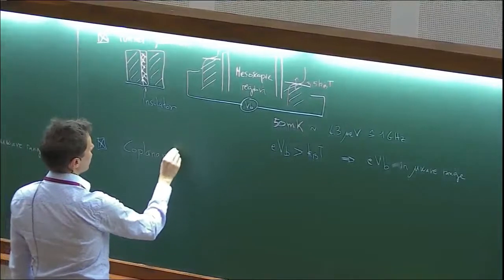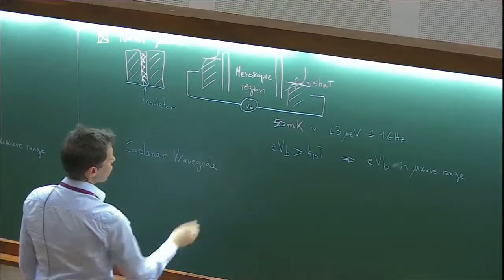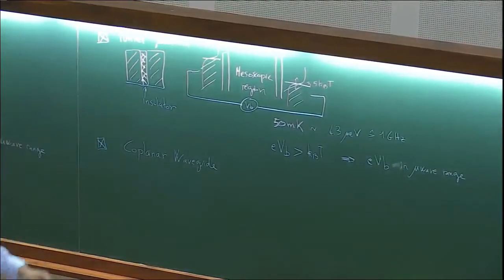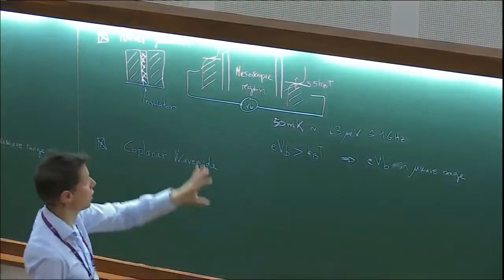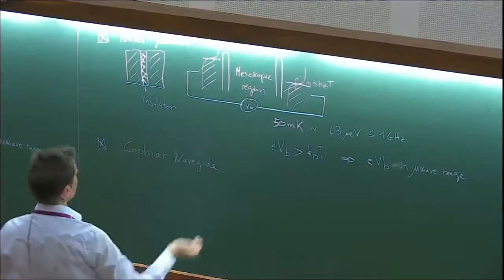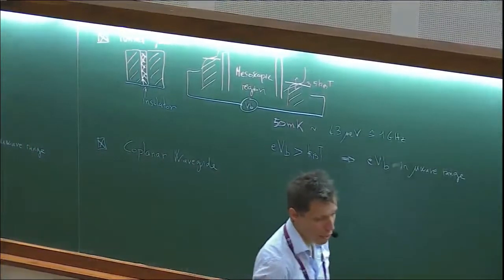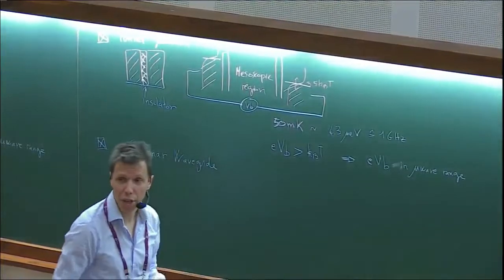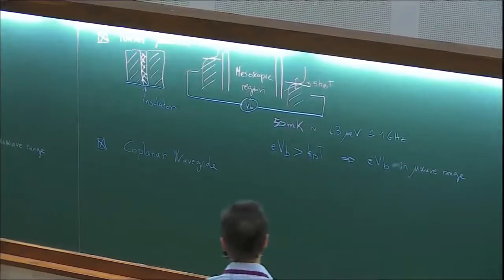It's a coplanar waveguide cavity. So now we have defined more or less what we will be talking about for generic mesoscopic systems. So you see that you have a wide variety of possible combinations. And now I have to specify better what will be the microwave resonator.